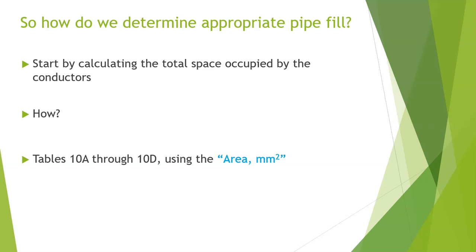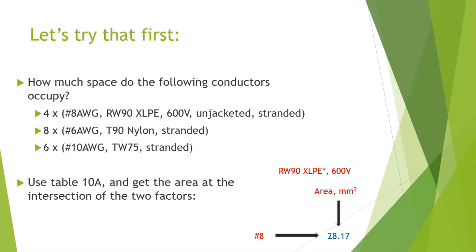Well, what we have to do is start by calculating the total amount of space occupied by the conductors within that raceway. And the way we do that is by looking at the cross-sectional area taken up by each individual conductor, and then adding all of those cross-sectional areas together to get a sense of the total cross-sectional area that the bundle of wire occupies within the raceway. So let's try that out.